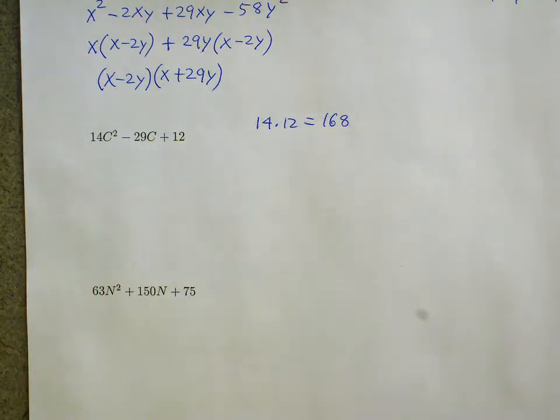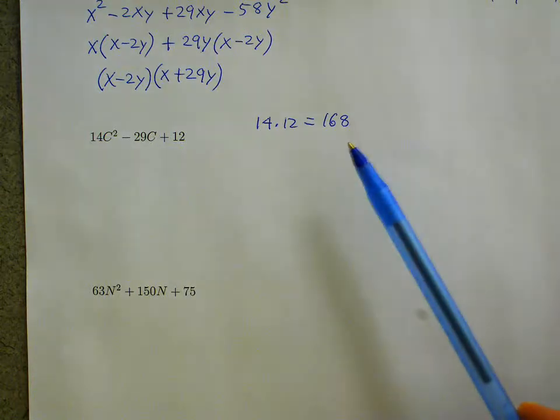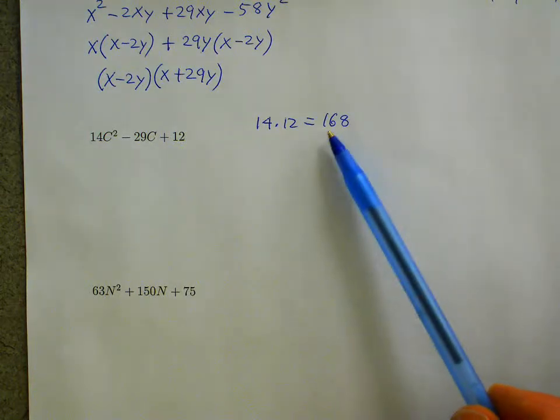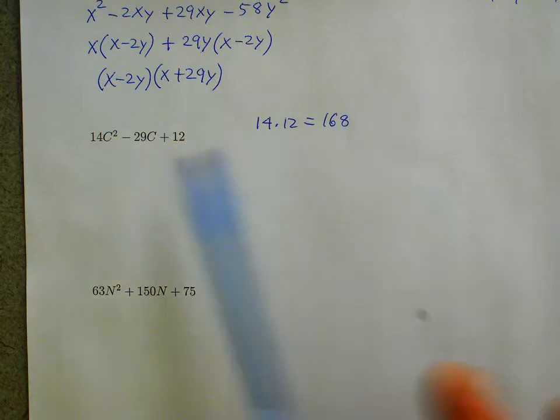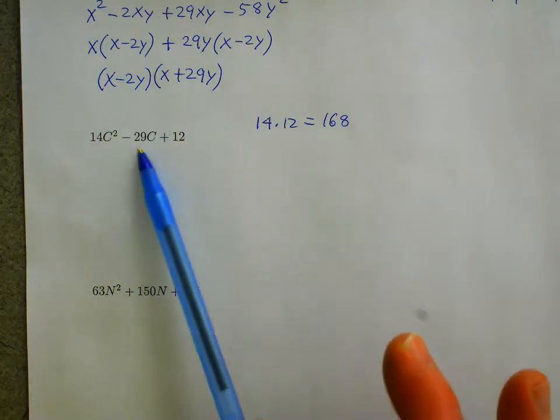We want to see if we can find two integers that have a product of 168 and add up to negative 29.